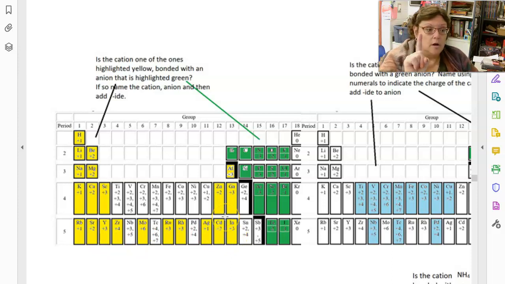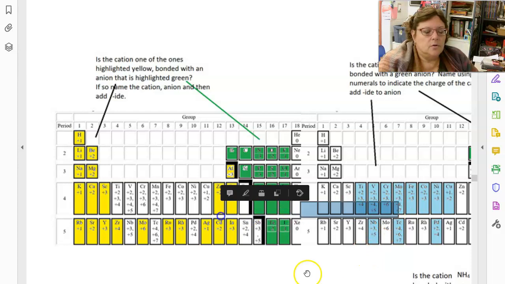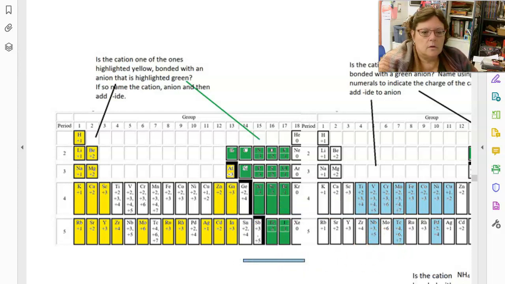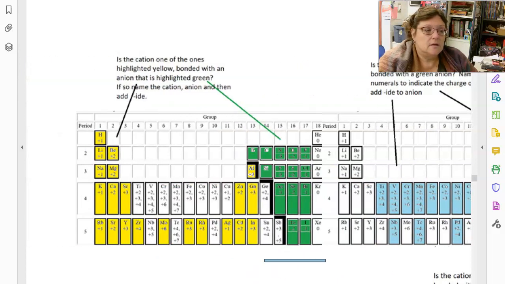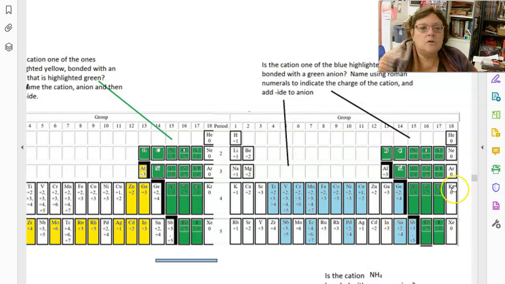They all have one charge. All the ones in blue are type 2. So if it's one of these guys in type 2, those are going to be named differently than a type 1. The green ones are all anions. They all end in "ide."